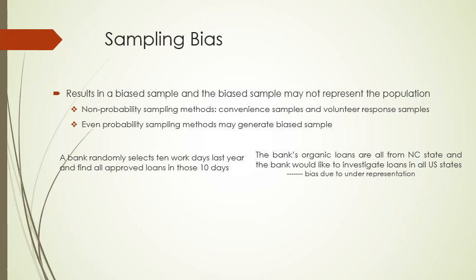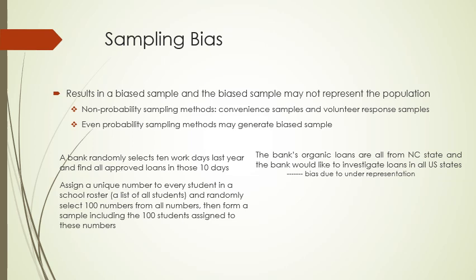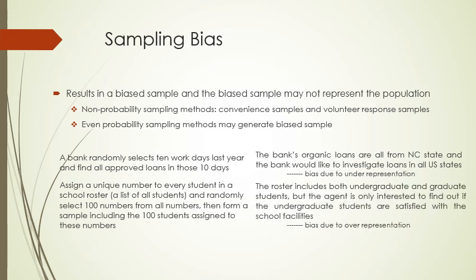The second case, select 100 students from a school roster. It is simple random sampling. Let's say the school agent is interested to survey the undergraduate students for their satisfaction with the school facilities so that they randomly select the students from a roster, a list of all students, which include both undergraduate students and graduate students.